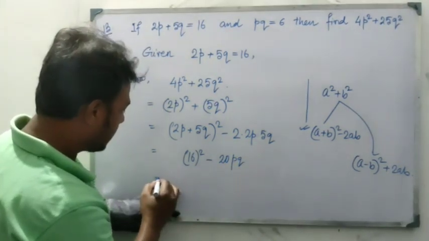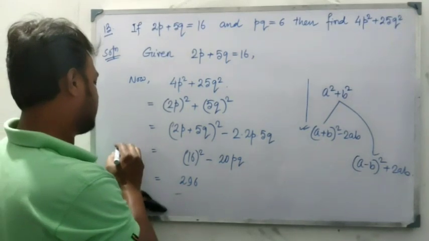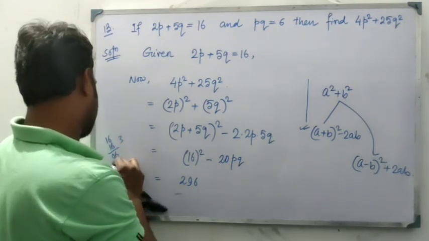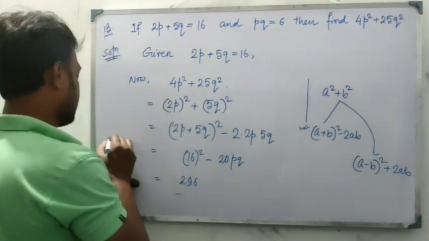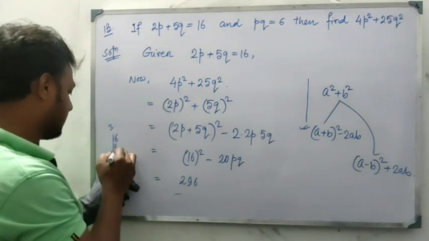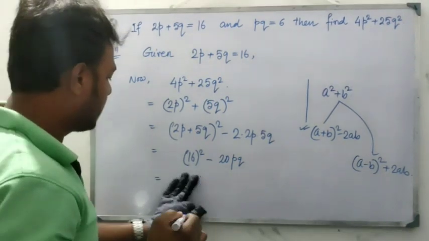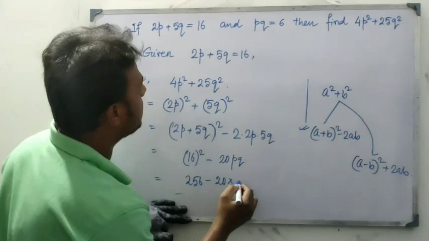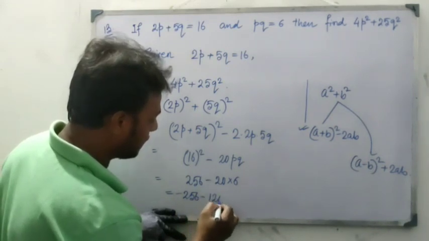Now 16 square means 256, minus 20 into, put the value of pq which is given as 6, so 256 minus 120.